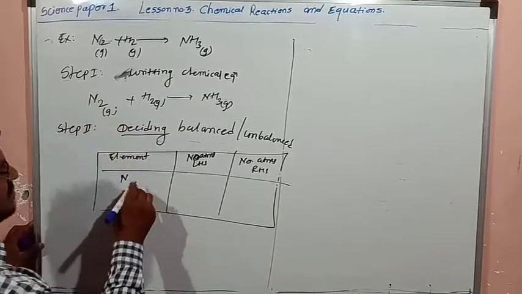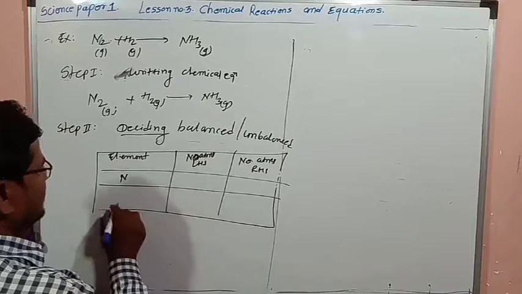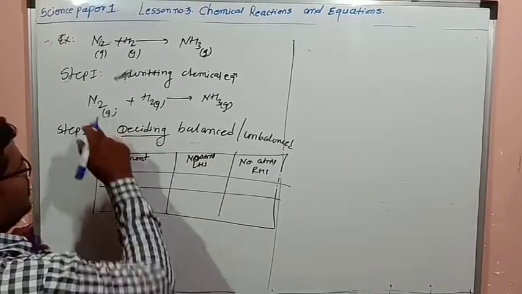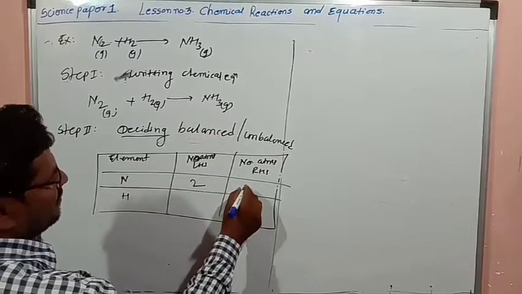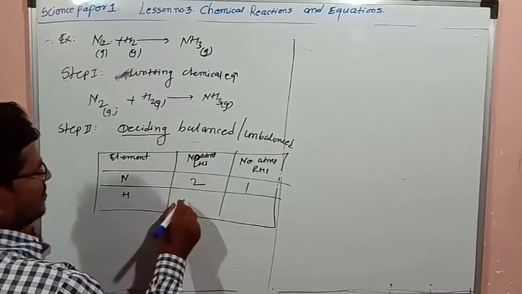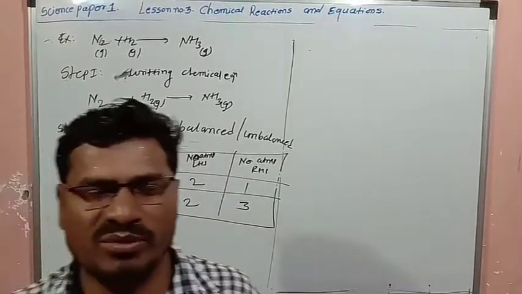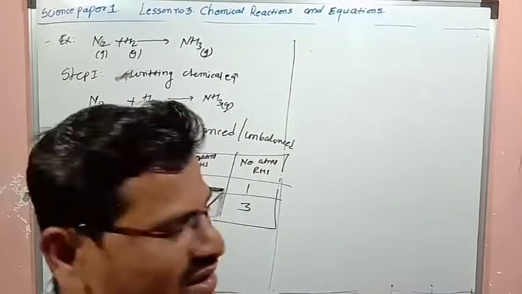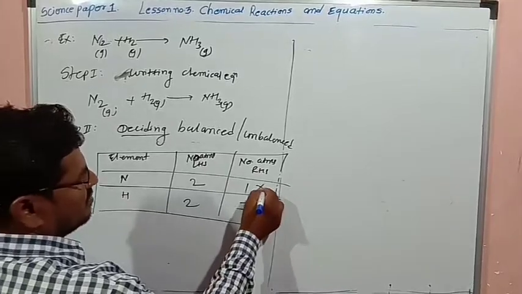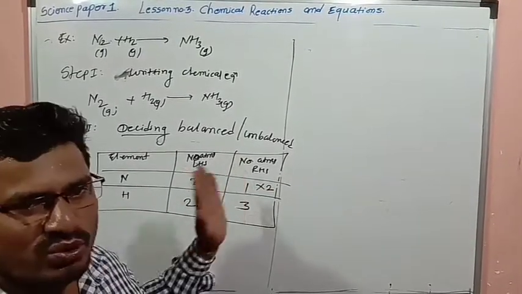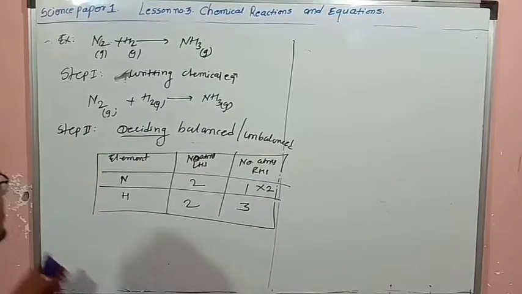N2 is there, nitrogen, and another atom is there, hydrogen. So nitrogen here 2, this side 1, hydrogen here 2, this side 3. This chemical equation is very easy to balance. Just multiply the nitrogen of RHS by 2.